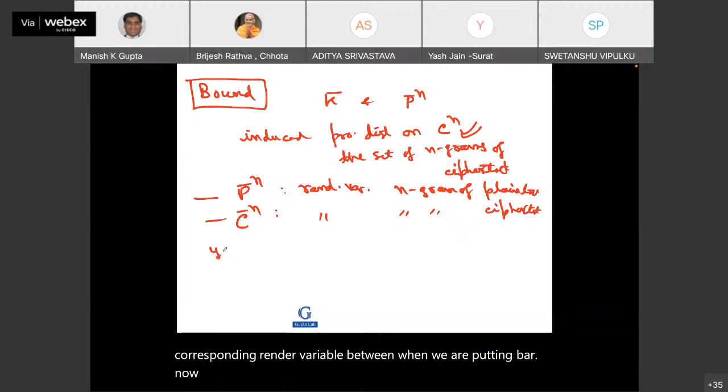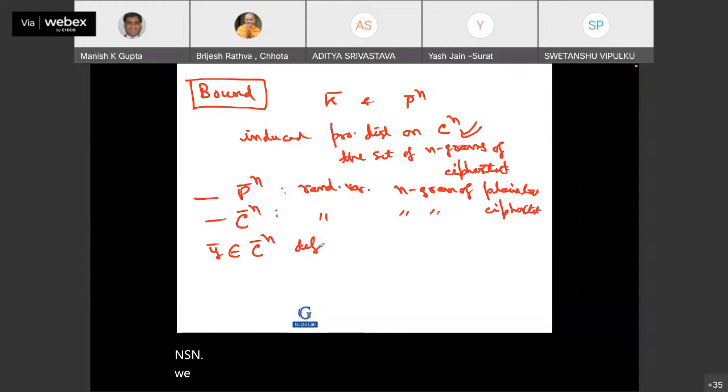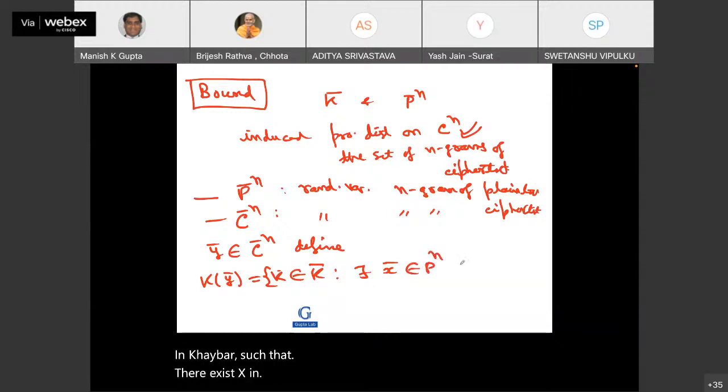Now, given y in Cn, we can define Ky as all those keys k such that there exists x in plain text Pn, such that the probability of x is positive and ek of x is equal to y.